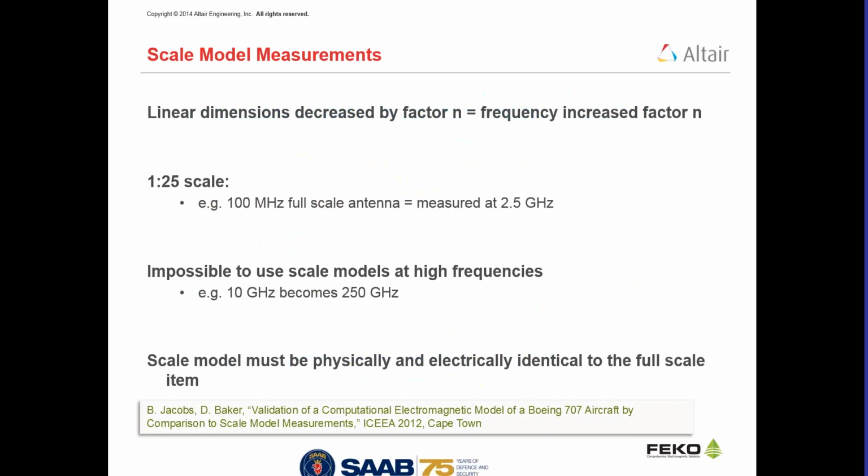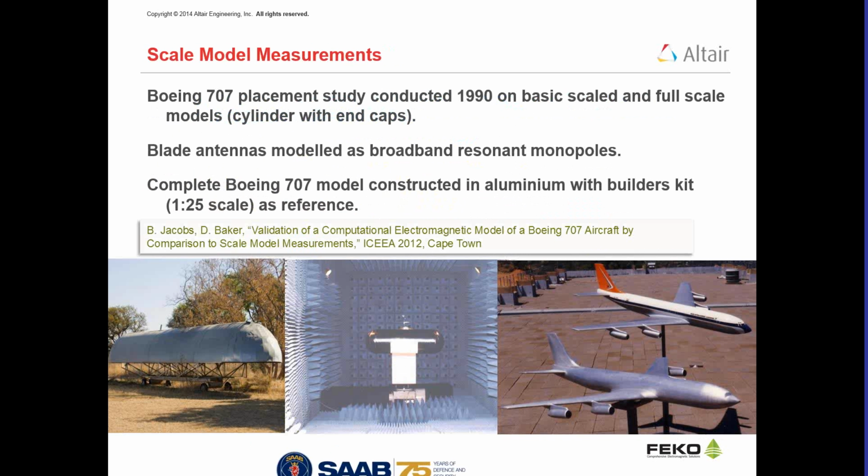So some history given in the paper is that in 1990 they did a basic scale model. You can see on the left hand side a very crude model of the aircraft fuselage in open range.